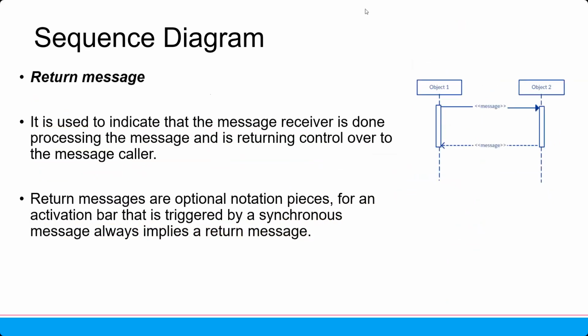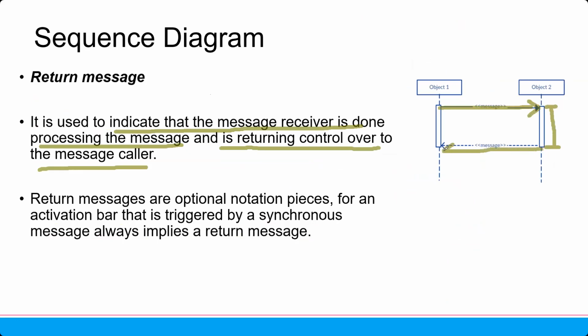The return message is used to indicate that the message receiver is done processing the message and is returning control over to the message sender. So once object 1 gives the message, after finishing the process in object 2, object 2 will give a response to object 1, because this is a return message.